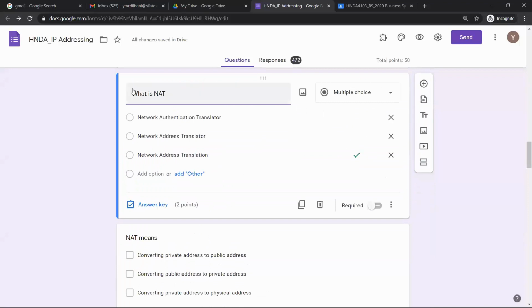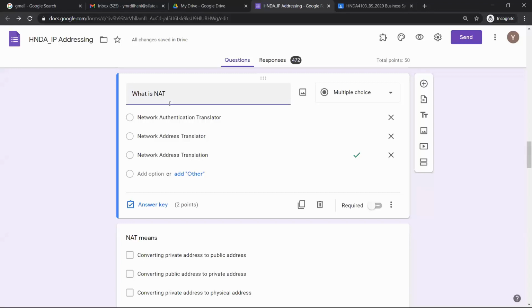Okay, what is NAT, right? Now I have already mentioned that you cannot use your private address when you want to access internet. You need a private address to use within your network, and you need a public address to access internet. So how can you use two addresses at the same time? You can't. So when you go outside your network, you will have to translate your network address into another form.